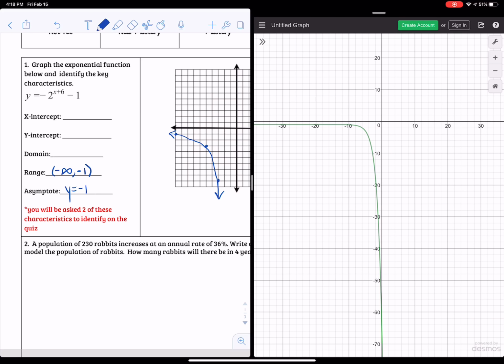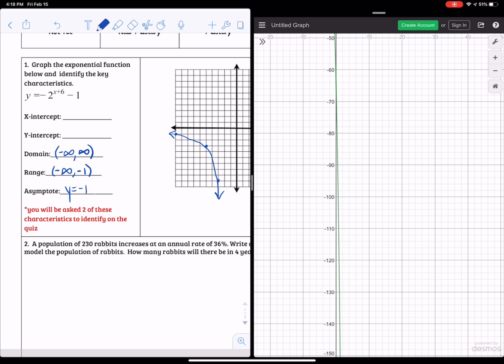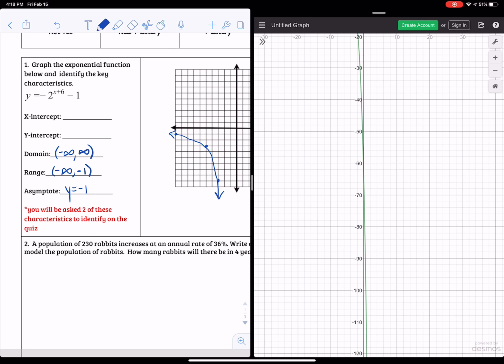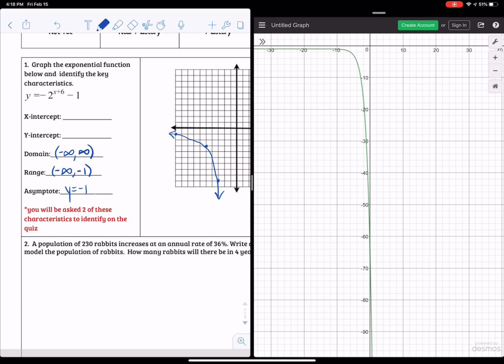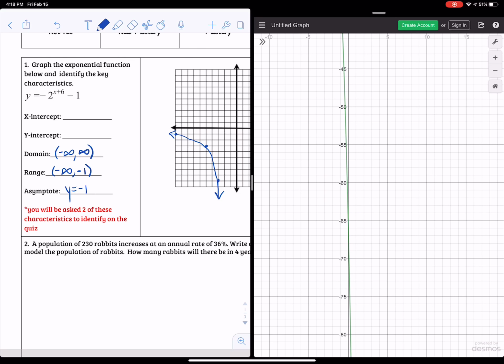Then it goes up to -1, but it won't equal -1 because that's our asymptote. So let's put a parentheses. The domain would be all real numbers because this graph is going to the left and the right forever. We can drag it and see that it does keep going. And then we need the y-intercept. Let's find it down here. Looks like it's at 0, -65.